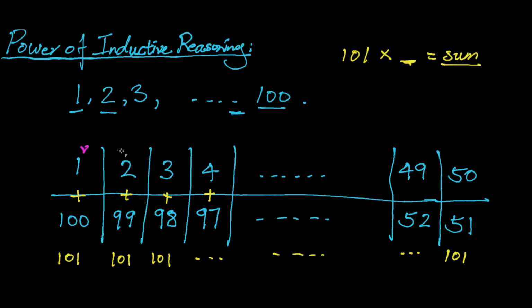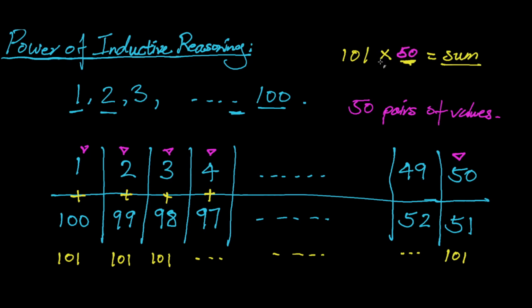This is our first value. This is our second one, third, fourth, and if we keep going down, this is our 50th value. So in total, we have 50 pairs of values. In other words, all we need to do is multiply by 50.